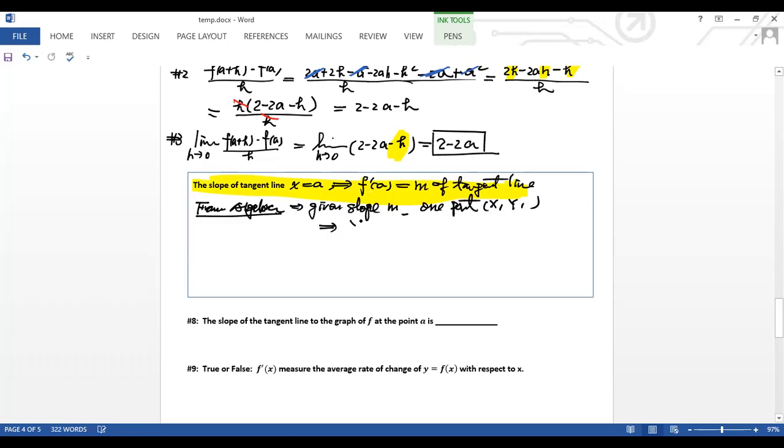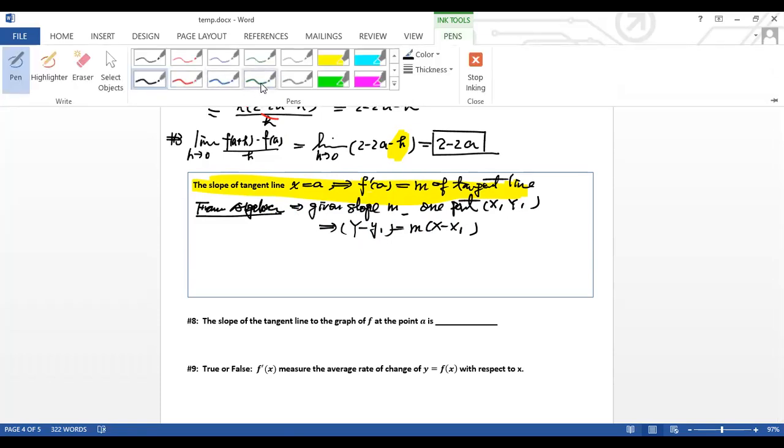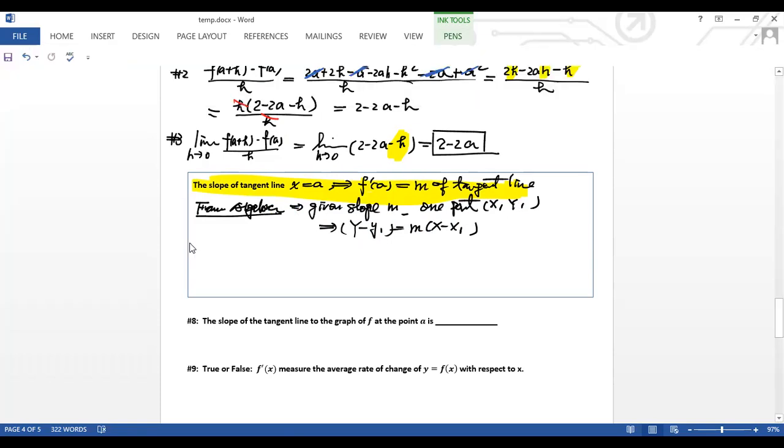We say the linear equation will be y minus y1 equal to m times x minus x1, correct? That's what we learned from algebra. So now in here, I'm going to find the tangent line. Let me erase this one.